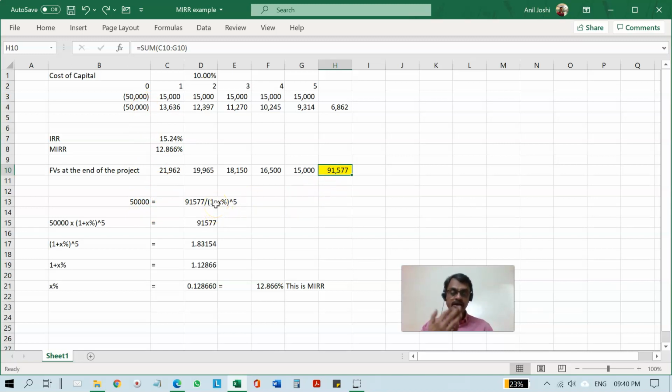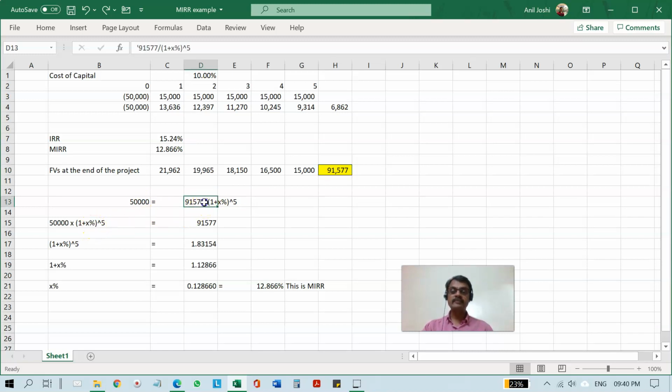Now you are discounting, you are calculating the present value, because this 91,577 is the future value at the end of year 5. So 91,577 divided by 1 plus X%, which is what we want to find out, raised to power 5, because 5 times we will have to discount, because this is at the end of year 5. You are calculating the present value. So 50,000, now you take this 1 plus X percentage raised to 5 to the left hand side.